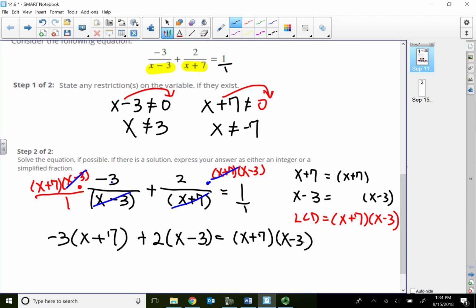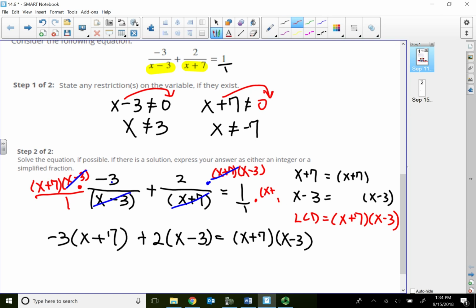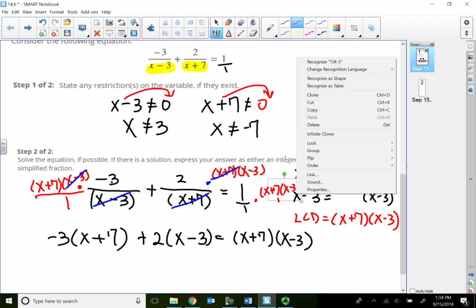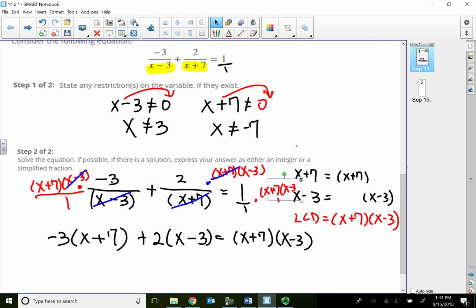So that's basically saying when every term is multiplied by the LCD, x plus 7 times x minus 3. Nothing is going to cancel out in this case, nothing will be canceled out top and bottom, so that would just be 1 times x plus 7 times x minus 3. That would look just like this.